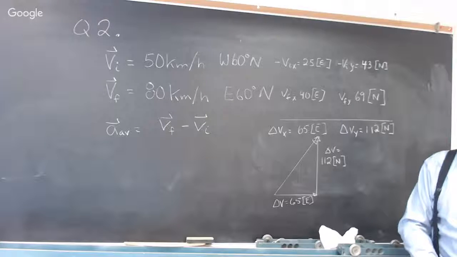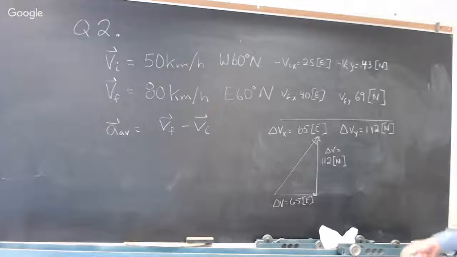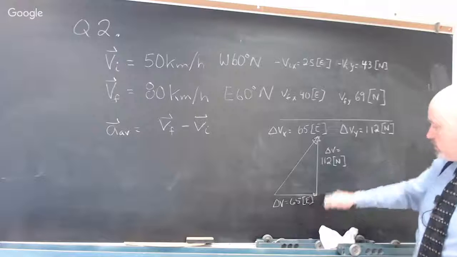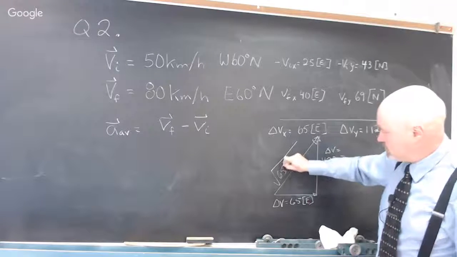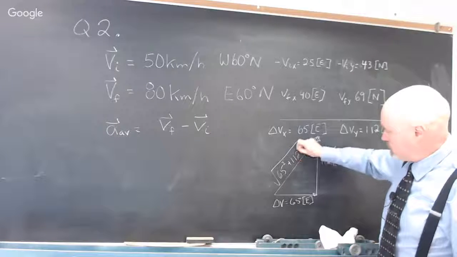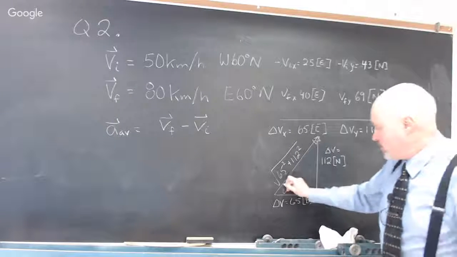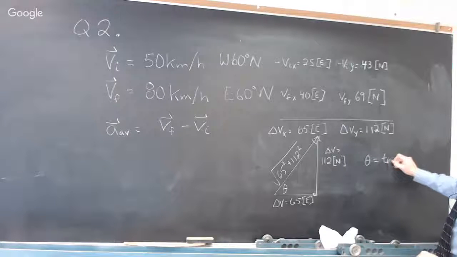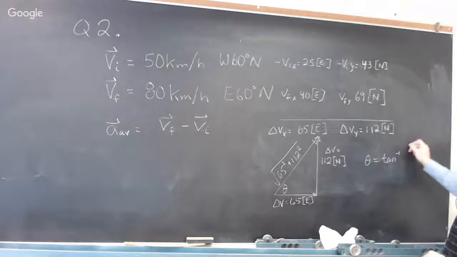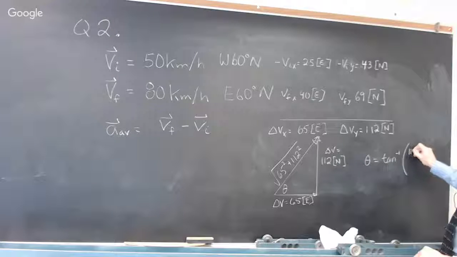Oh, maybe not. No, I think you're doing it right. Okay. All right. So this is just the square root of 65 squared plus 112 squared. And theta is just going to be the arctan of 112 over 65.